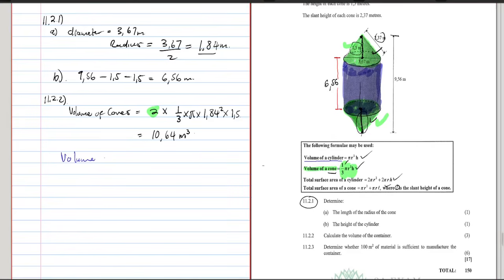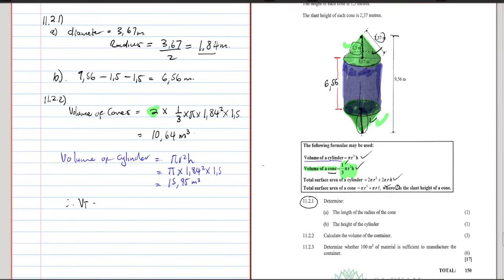So volume of cylinder is equal to pi r squared times h: pi multiplied by the radius 1.84 squared multiplied by the height. Height is what? It's 1.5. Then we have 15.95 meters cubed.